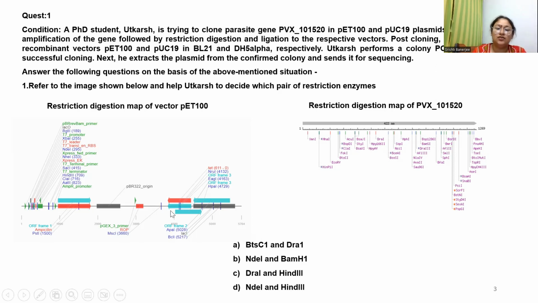That is how you get to know which are going to be there. So here it's like NdeI and HindIII. If you see, these two particular restriction sites are present, plus these enzymes can be easily used to digest it and insert the gene into the vector. That's how you do it. Clear? Yeah, clear, thank you.